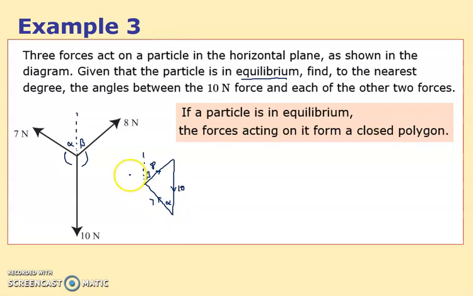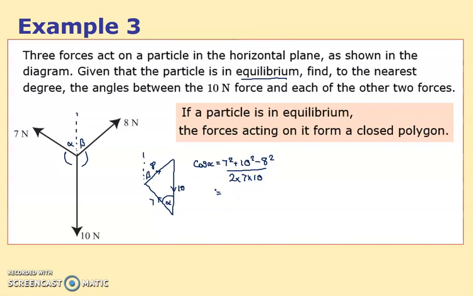Yeah. So you notice, effectively, I've made this into a problem, and it's almost like a cosine or a sine rule question. I can find alpha, I think, using the cosine rule, actually. So cos alpha equals 7 squared plus 10 squared. Do you remember the cosine rule? Minus 8 squared. Look it up. This is the rule for finding the angle. Divided by 2 times 7 times 10.